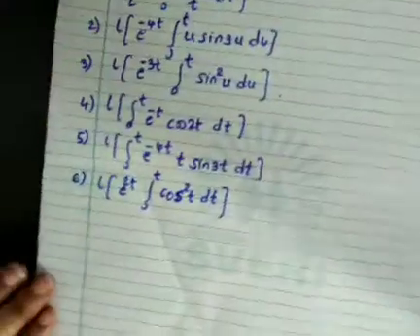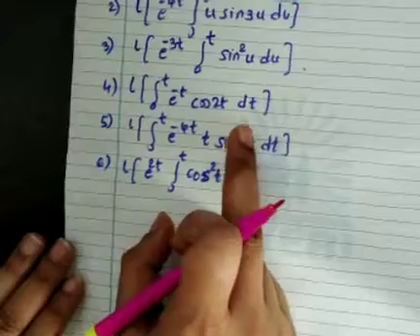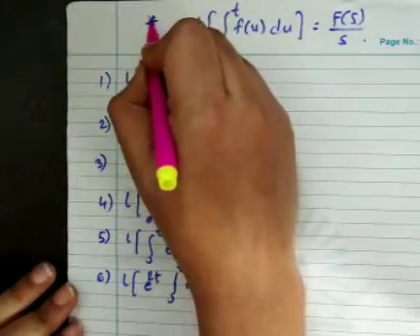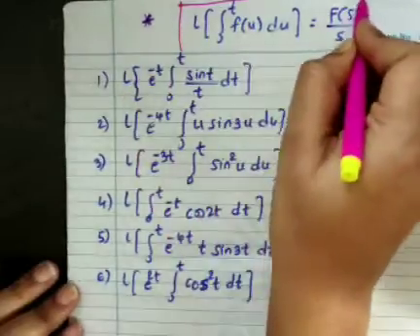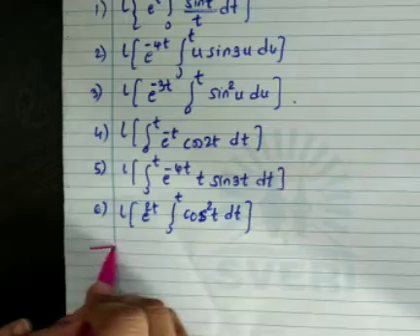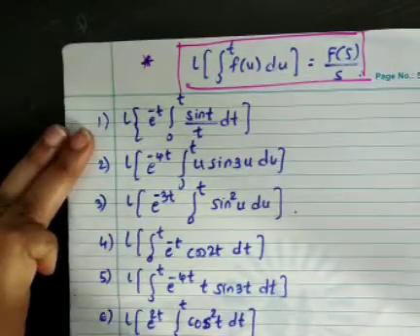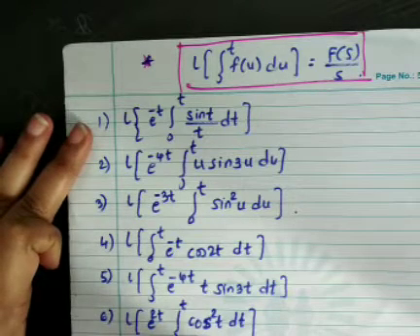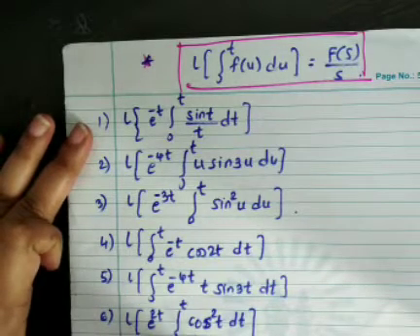I have some more examples here. This is your statement, and examples on that. I'll solve the first example and all others are exercises for you. So find the Laplace transform of e raised to minus t integration 0 to t sine t upon t dt.